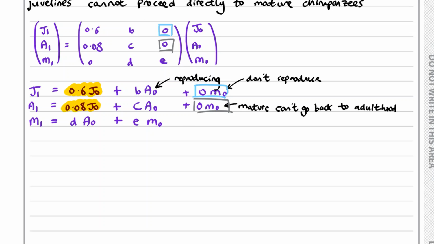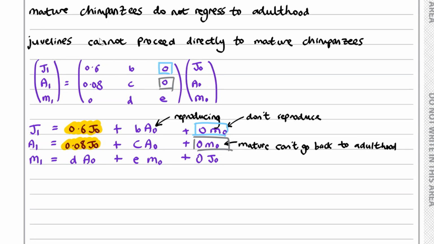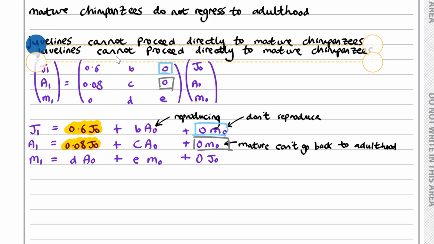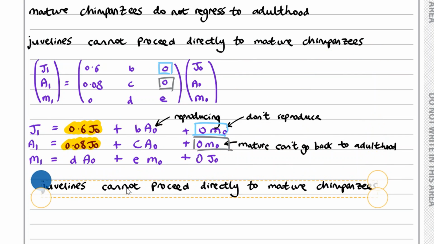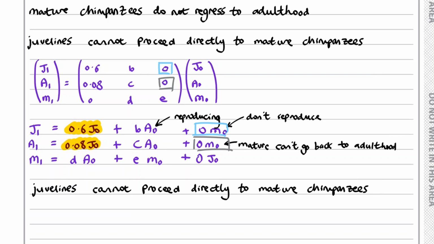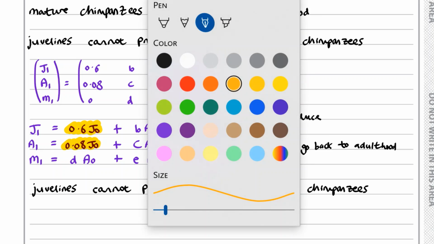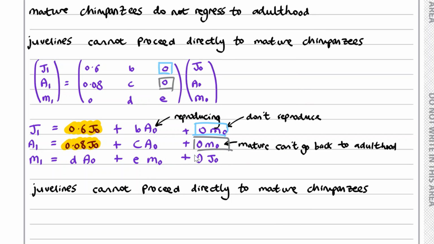Okay, and the reason that we have a 0 J0 is because of what we said over here. It's because of this statement here. Maybe if I just copy and then paste. So this over here is because of this statement here, which is why we have this 0 here.